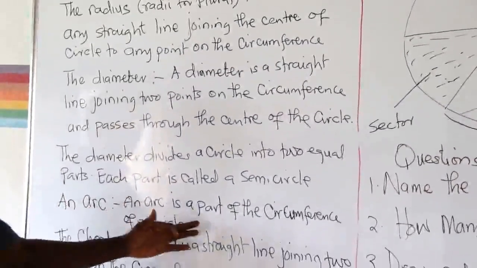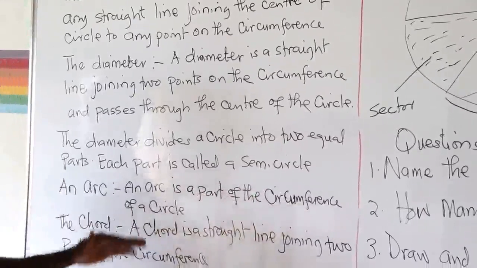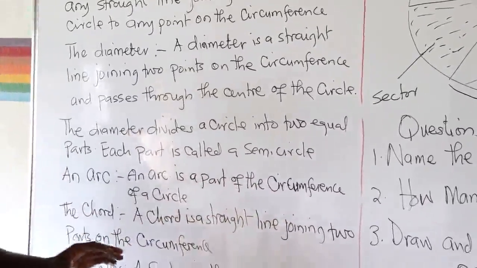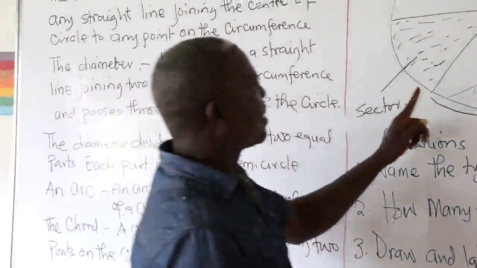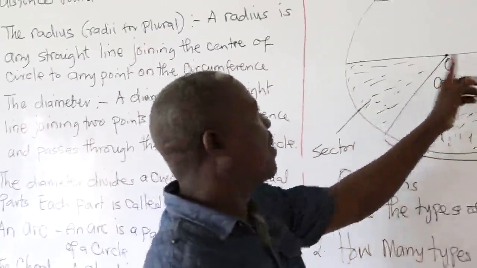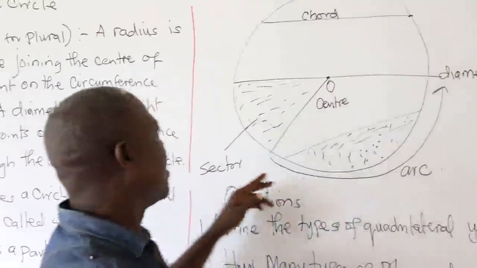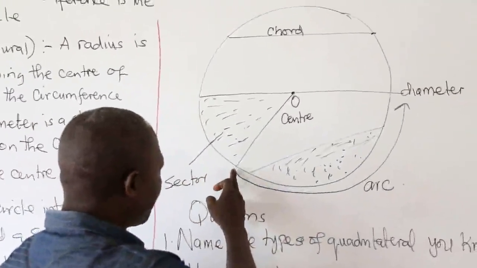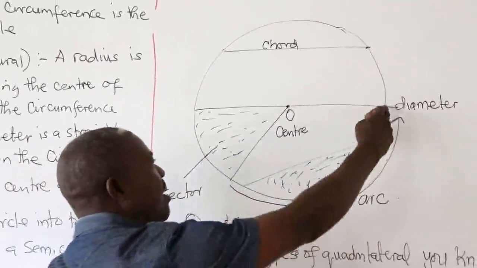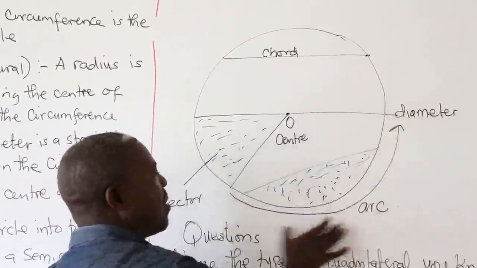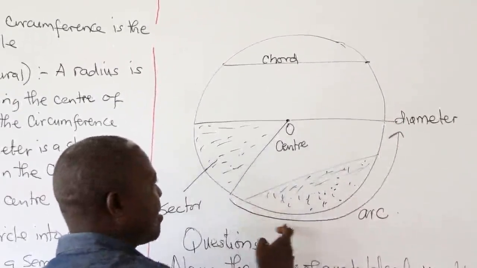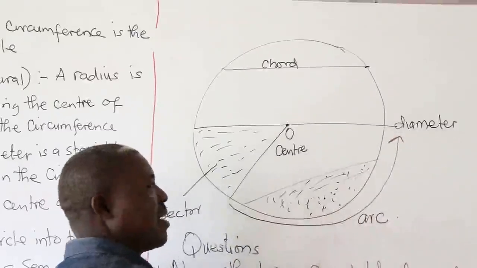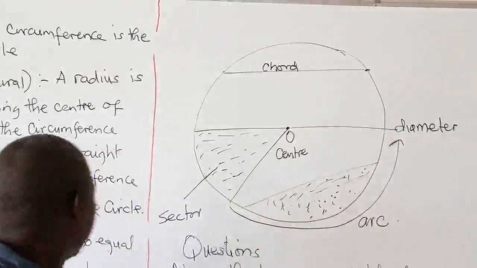An arc is a part of the circumference of a circle. If you take a radius here and another radius here, the distance from this radius to the other is called an arc. That is, this line is what we refer to as an arc.